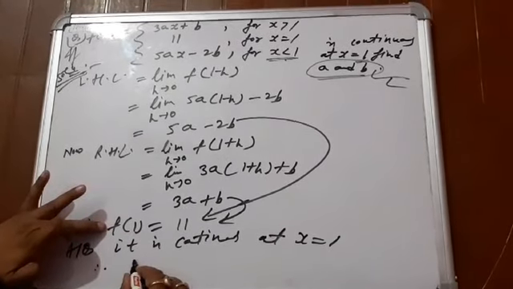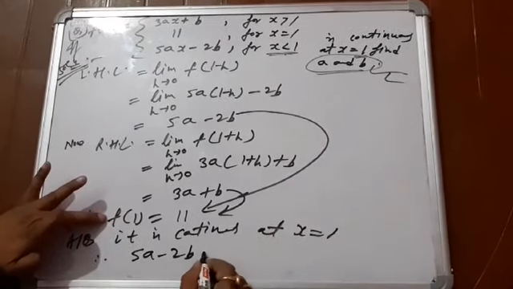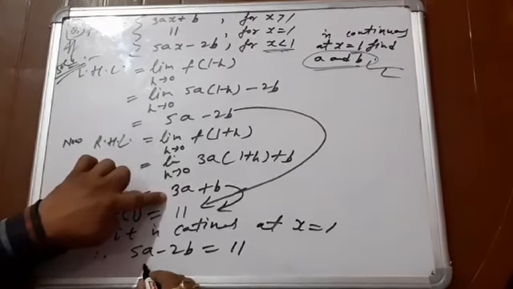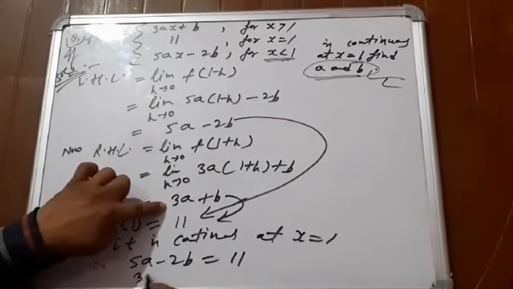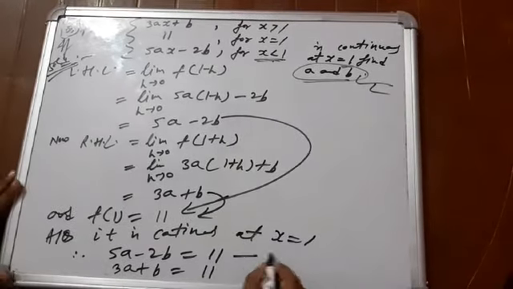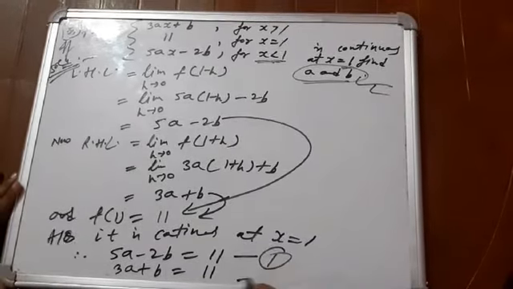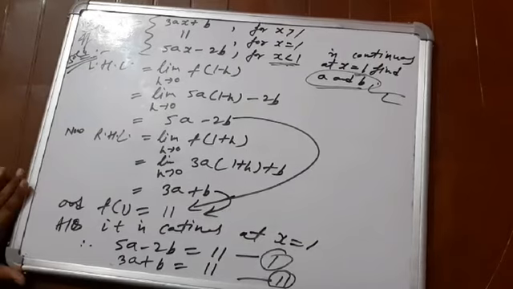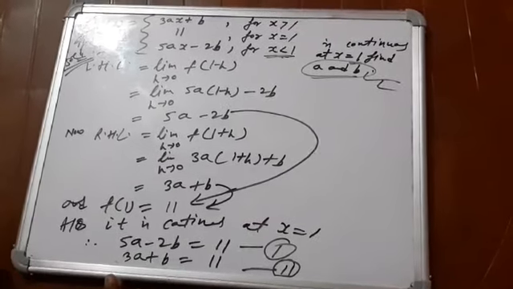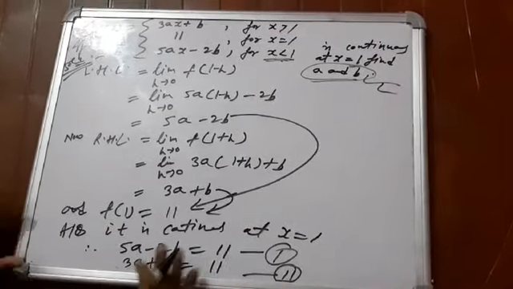In that case you will get 5a - 2b = 11, and in the second portion 3a + b = 11. Now you have two equations. Use them and find the values of a and b both. Understood the concept? Now I'm just going to solve it.